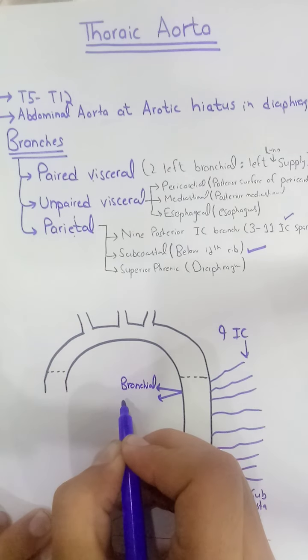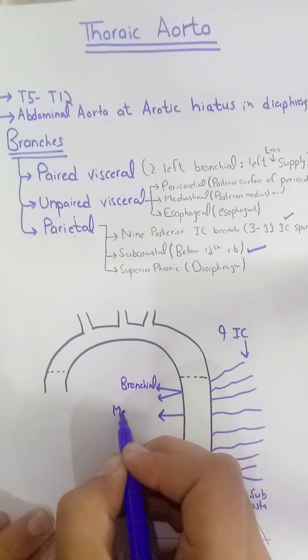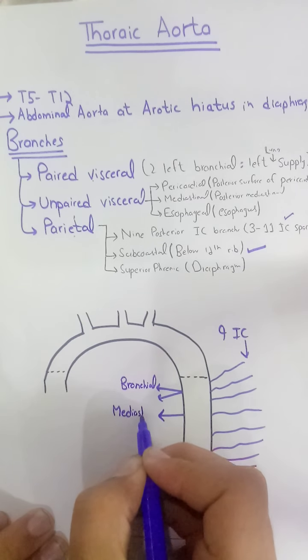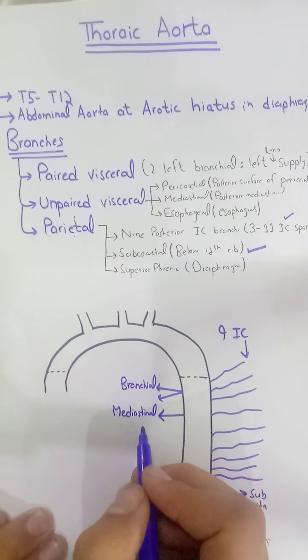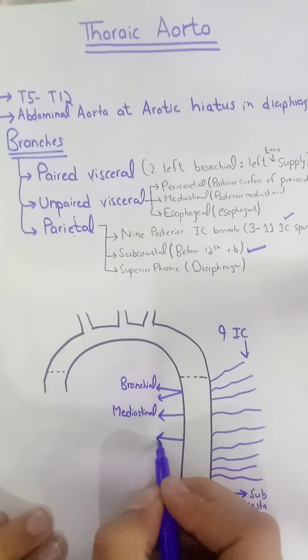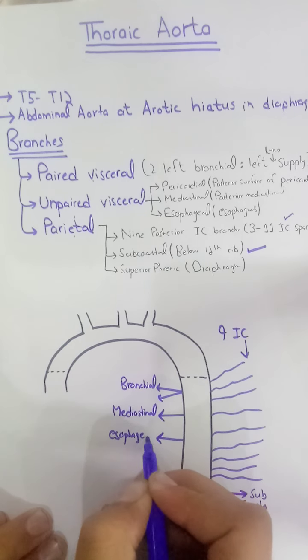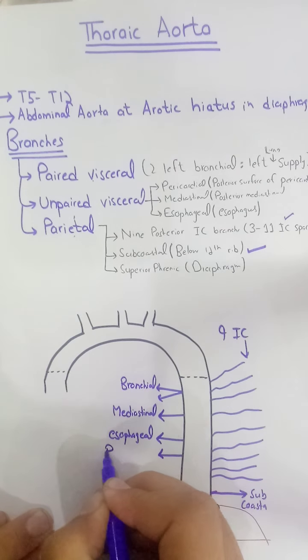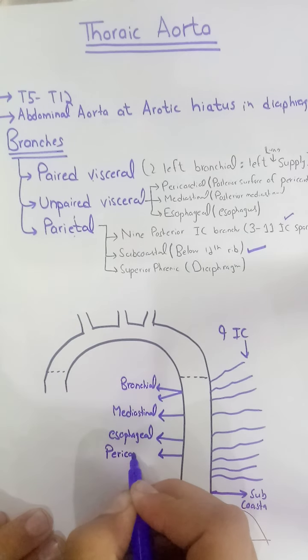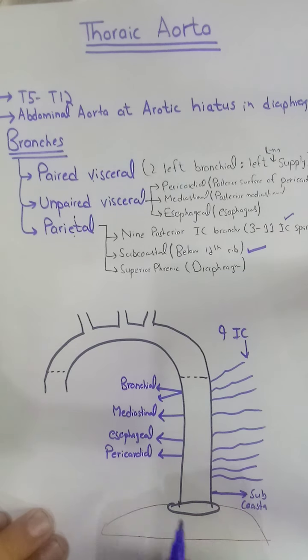Then it will give one mediastinal branch, which supplies the posterior mediastinum. Then it gives an esophageal branch, which supplies the esophagus. Then it will give the pericardial branch, which will supply the posterior surface of the pericardium.